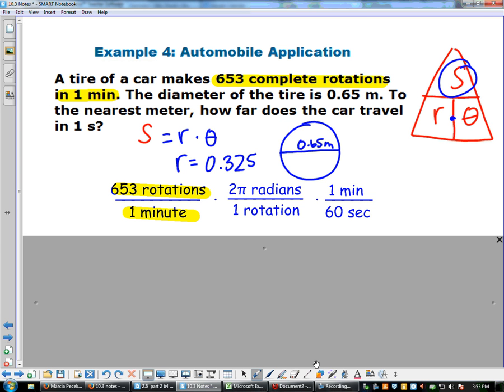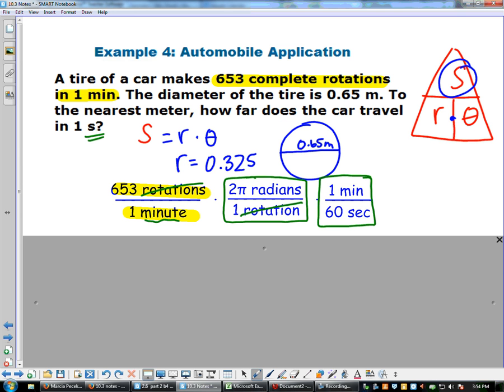How does that compare to the time frame, which is seconds, that we're looking for? If I want rotations to cancel out, I know there are 2 pi radians, which is my goal for my angle, in 1 rotation, because that's 1 full circle. So rotation and rotation go away there. I need to go from minutes to seconds, so what's the conversion? In 1 minute, there are 60 seconds.